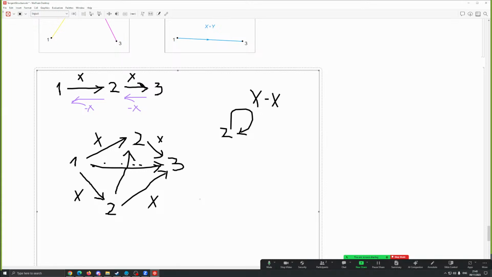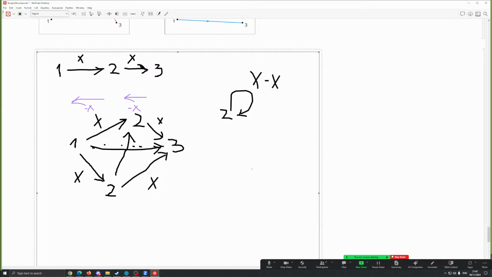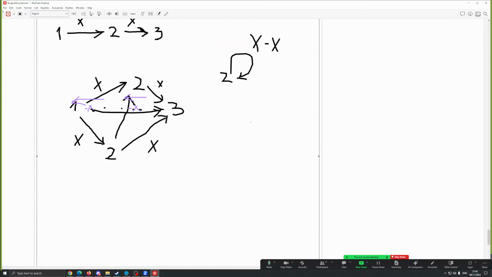I think that's what I was trying to say, right? This diagram, the parallelogram rule, defines both x plus y and x minus y, obviously, right?